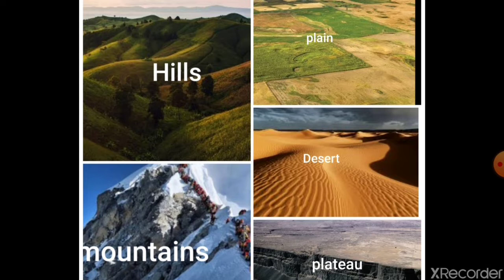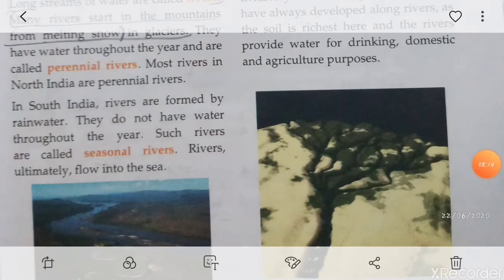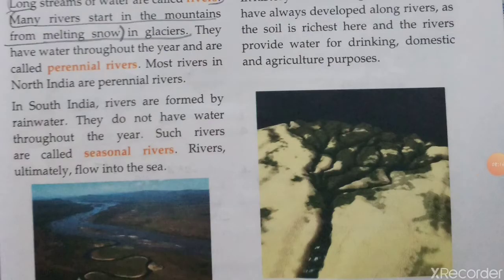Delta, a triangle shaped landform formed by the river while flowing into the sea, that is called a delta. Okay students, you can see the picture of a delta.